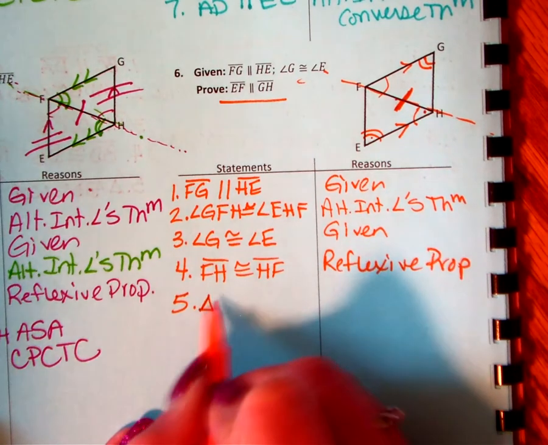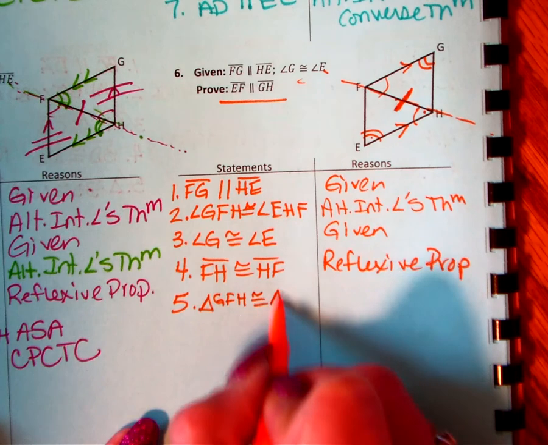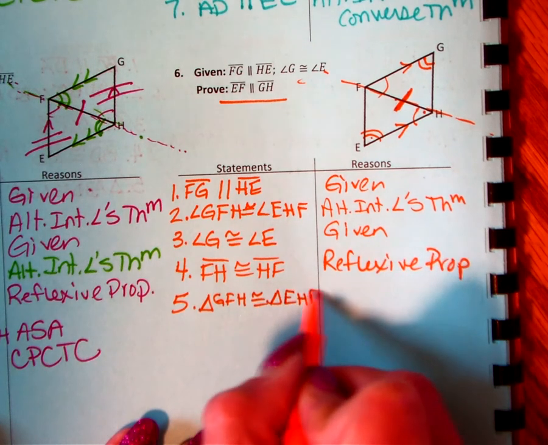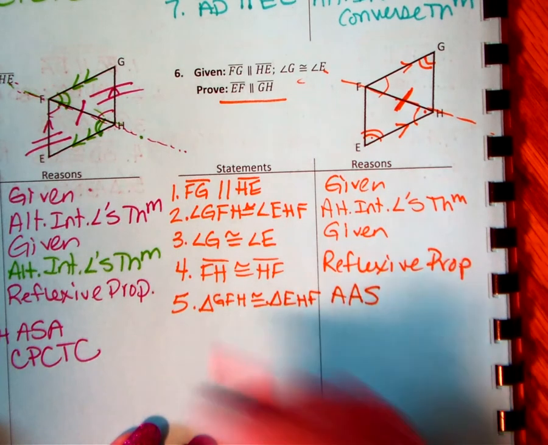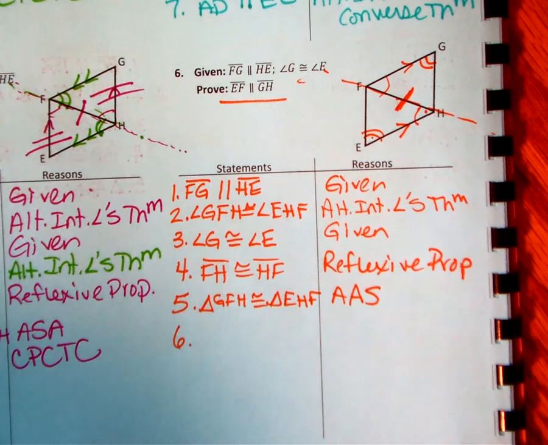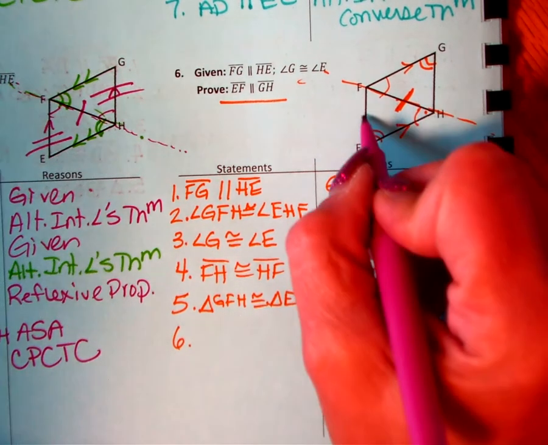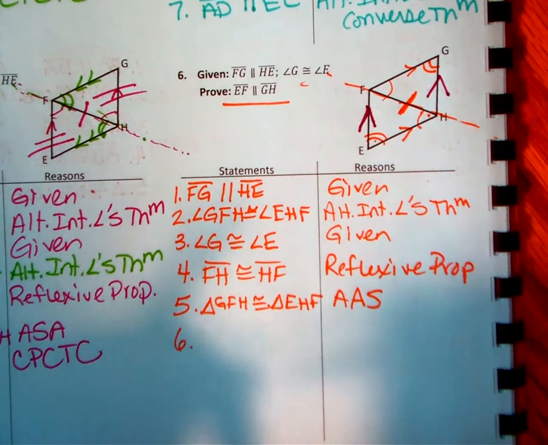So my triangles are congruent. Triangle GFH is congruent to triangle EHF by angle angle side. Okay, I'm trying to prove EF is parallel to GH.